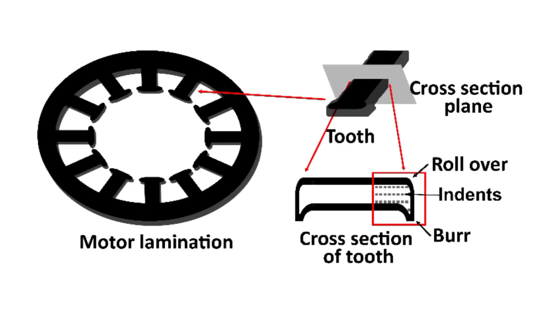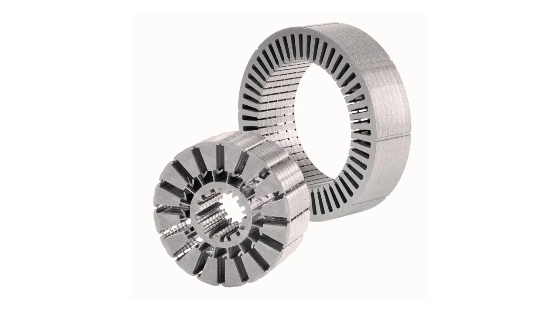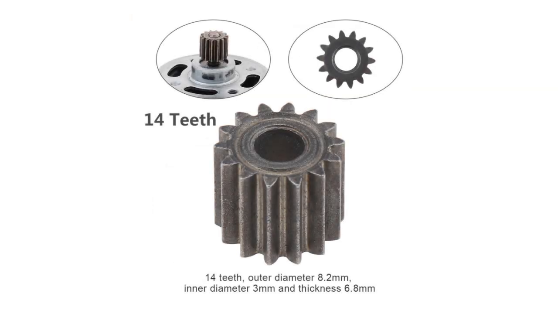The next part of a rotating machine is the teeth. Teeth refer to the projections or ridges on the stator or the rotor core. Teeth provide a path for the magnetic flux to flow, support the windings and help to maintain their position. Teeth also contribute to the structural integrity of the stator or the rotor core.